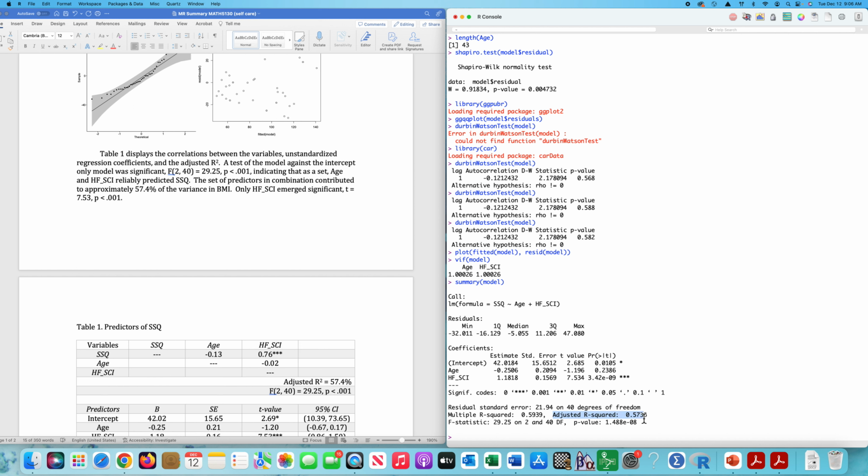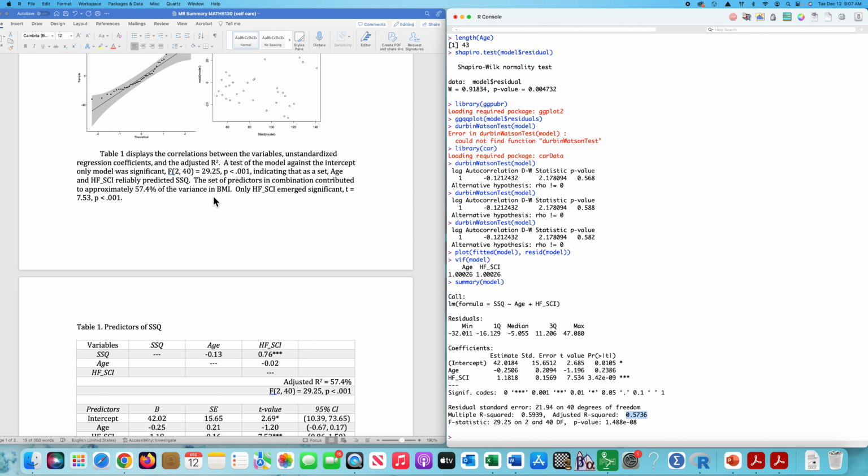Remember, when we dive into the multiple regression world, we report the adjusted R squared, not the multiple R squared. The multiple R squared has a tendency to be overinflated as the number of predictors increases. So to control for that, there's something called the adjusted R squared that kind of tones this down from being inflated down to what it should be, in non-mathematical terms.